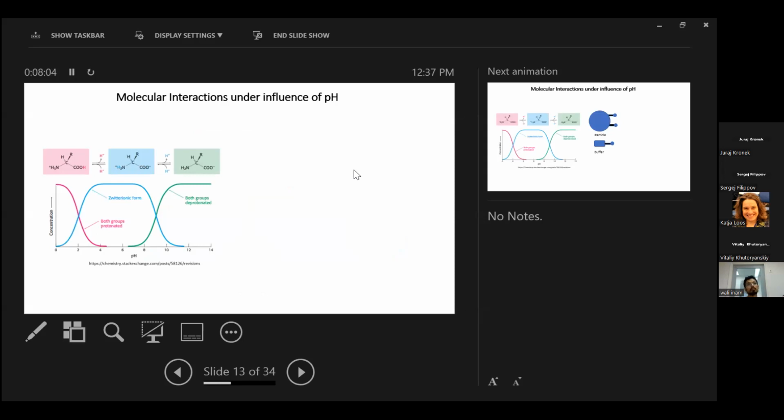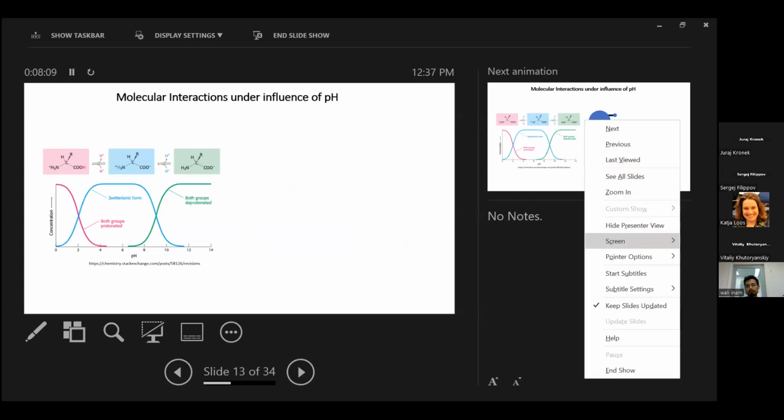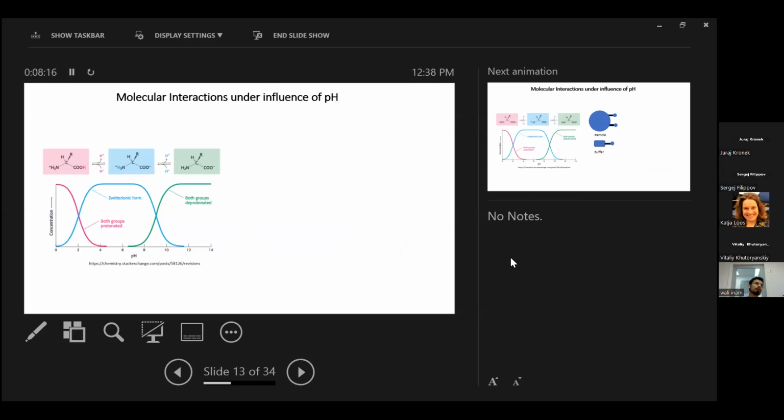So on one end, if we go to the acidic pH, then we can see that amine-based groups can get protonated, and on the other hand, there could be a deprotonation of the carboxylic groups, and in the middle we have this zwitterionic form where both kinds of ions are contributing to the same molecule.